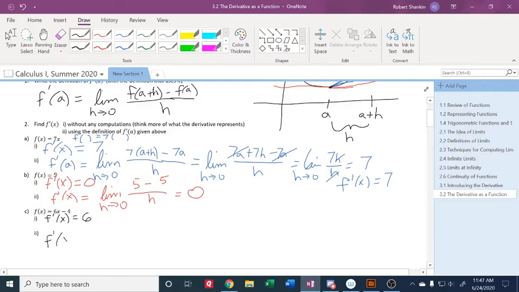And if we do f prime of x equals the limit, h approaches 0. So imagine this formula up here, but all the a's are replaced with x's. Let me write it out again: f of x plus h minus f of x, over h.